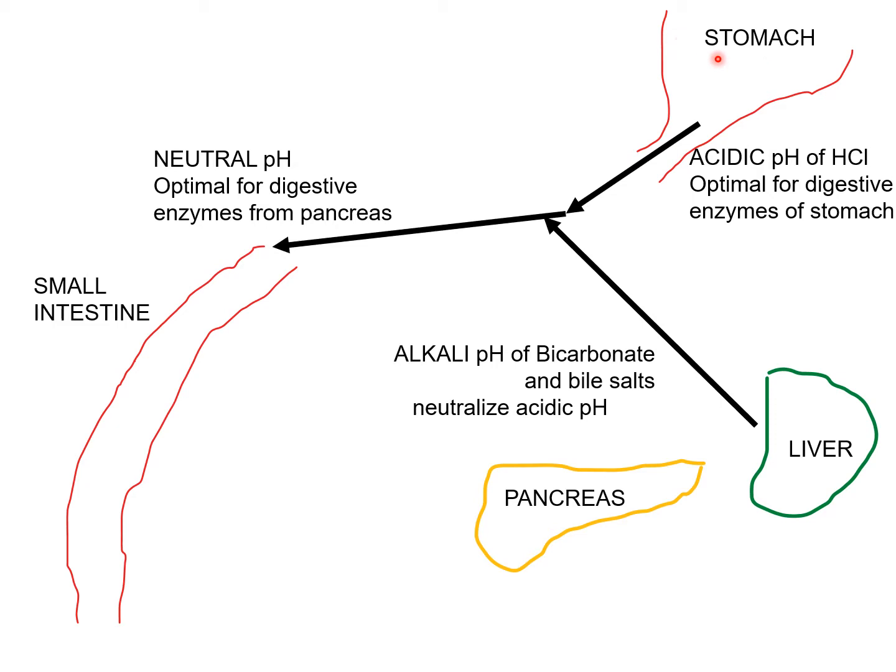The mucosa of the stomach is creating hydrochloric acid that is turning the gastric juice and the content of the stomach very acidic, pH 2 or so. The mucosa of the stomach also created those digestive enzymes, pepsin and gastric lipase. They love this acidic pH.